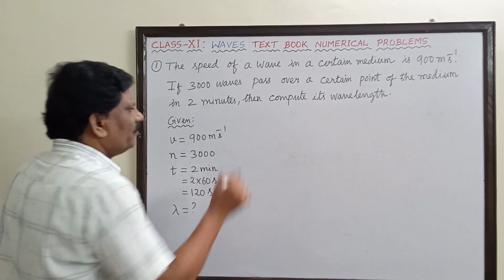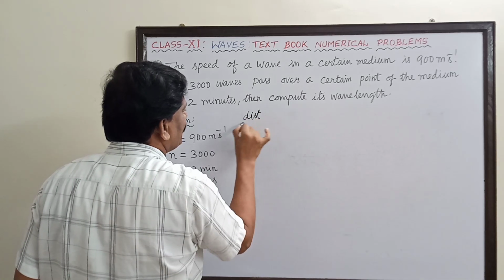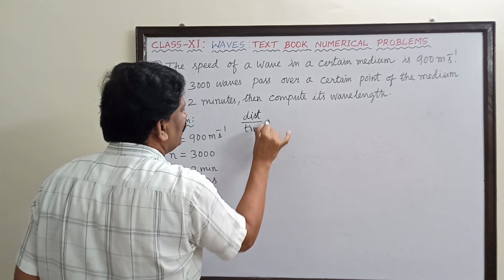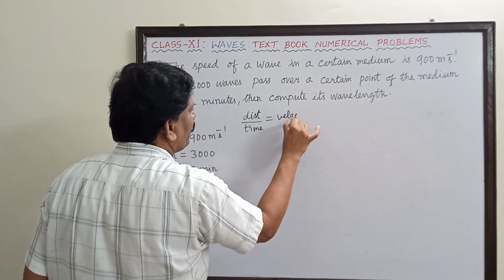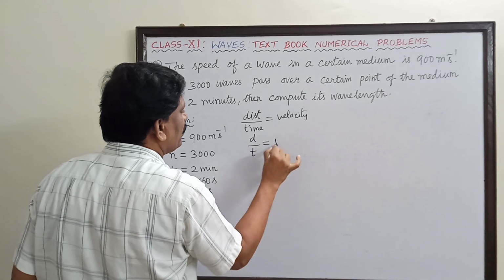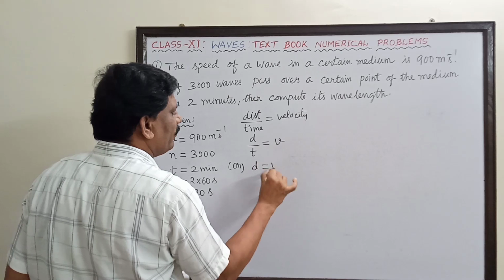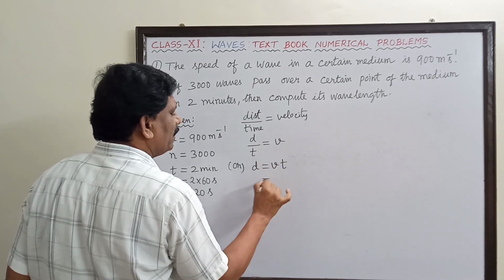Now we know that distance by time is equal to velocity. So the distance traveled by the time taken is equal to v, or the distance traveled is equal to velocity into time.